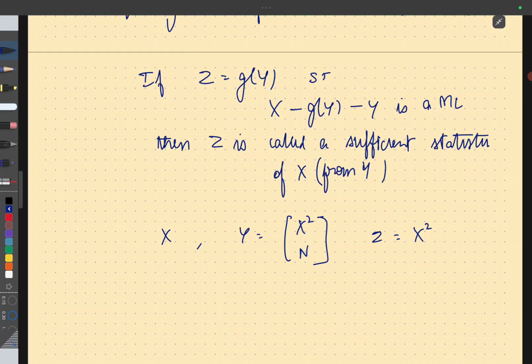Right? So we know that x, y, g of y is a Markov chain because g of y is a function of y. But in addition, x, g of y and y form a Markov chain, which naturally means that you don't need any more information about x than what g of y can offer you.